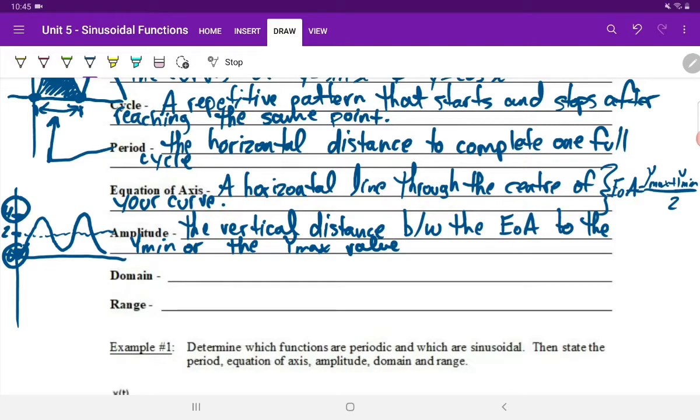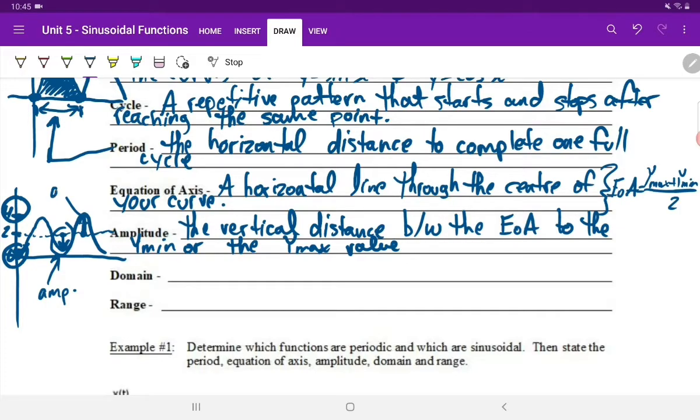Here's what I mean by that before I write out the formula. If you were to take from your equation of axis and go down to your minimum, that vertical distance right here is known as your amplitude. Also, the exact same value will be going from your equation of axis up to your maximum.